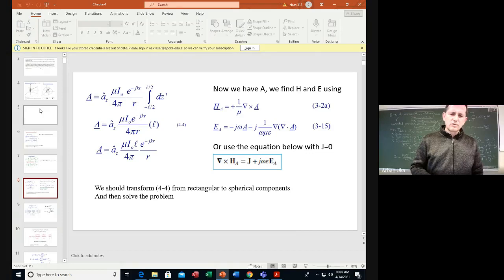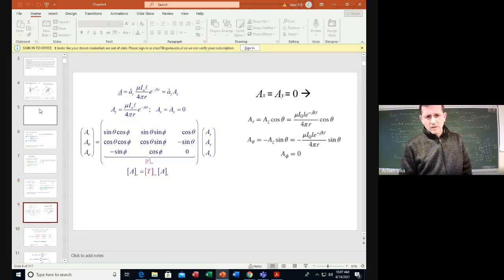So what we want to do is transform from rectangular coordinate system to a spherical coordinate system. And to do that, we just have to look for what is the projection of AZ onto AR, and what is the projection of AZ onto the A theta, and so on.